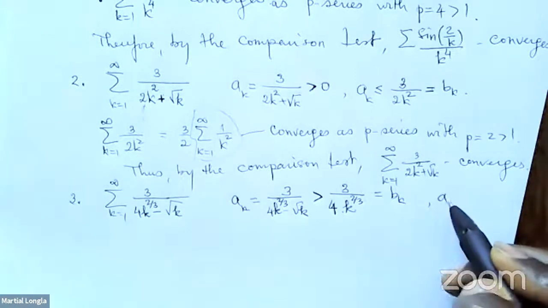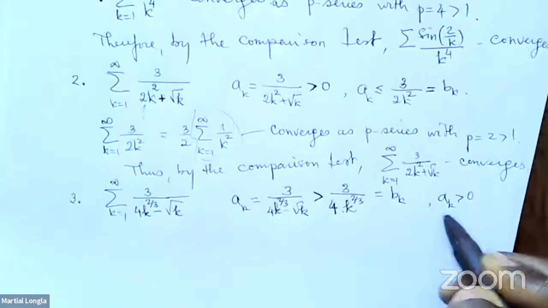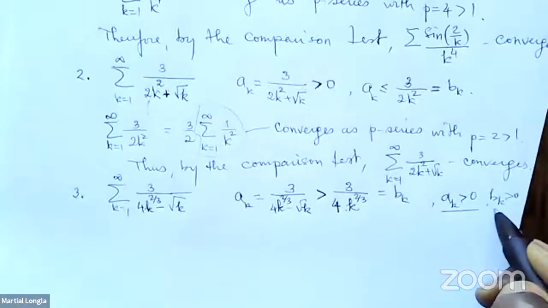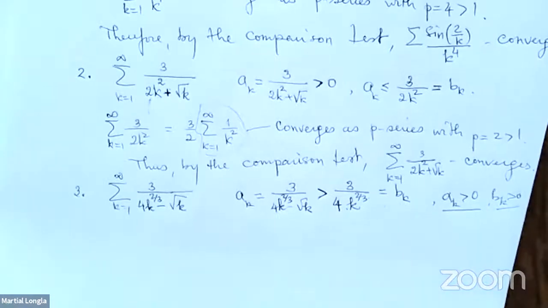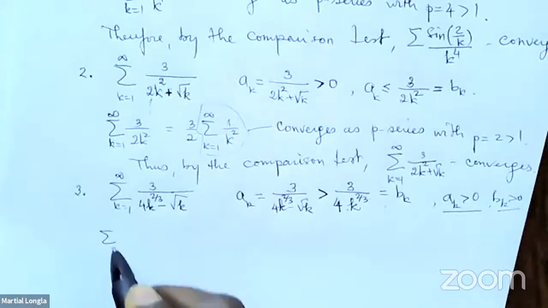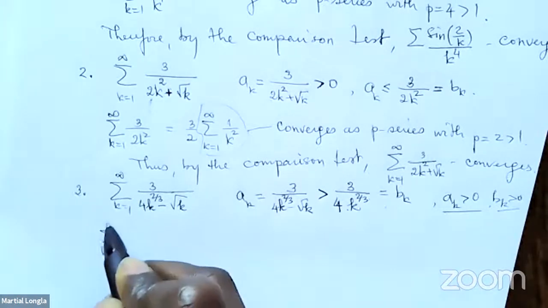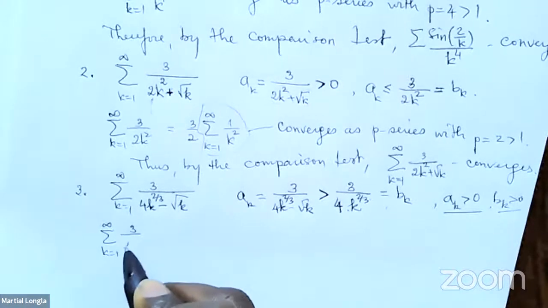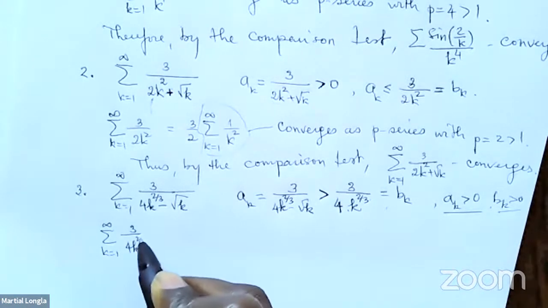And so you are going to call this guy bk, and that tells us that AK is positive and this BK is positive as well. The BK that you found is positive, because if you find a negative BK, then it's useless. And now we are going to look into sum k from 1 to infinity of BK, which in this case is 3 over 4 k to the 2/3.